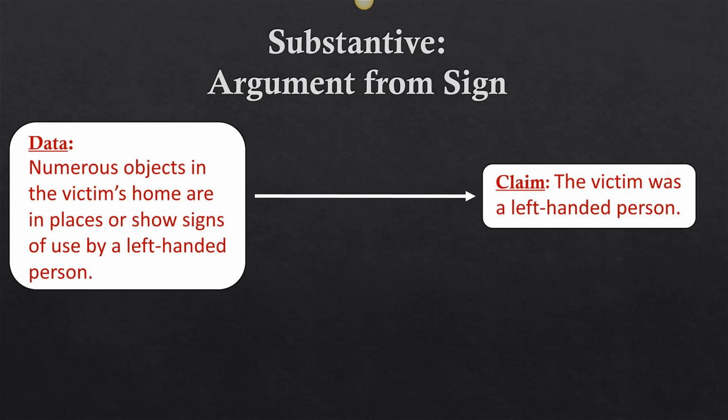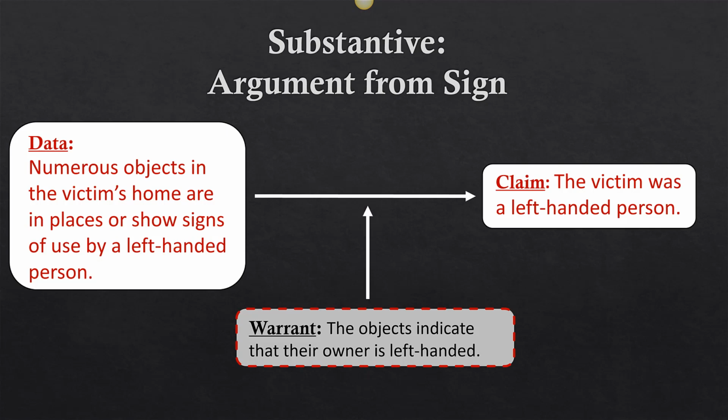And so, given this observation and this observation and this observation and this observation that all seem to indicate the same thing, Sherlock uses the implied warrant that the objects and their placement and their apparent use indicate that their owner is left-handed. We're using the visible signs, the clues or the symptoms or the indications in order to draw a conclusion about a condition that we cannot see, that while this person was alive, they were left-handed.